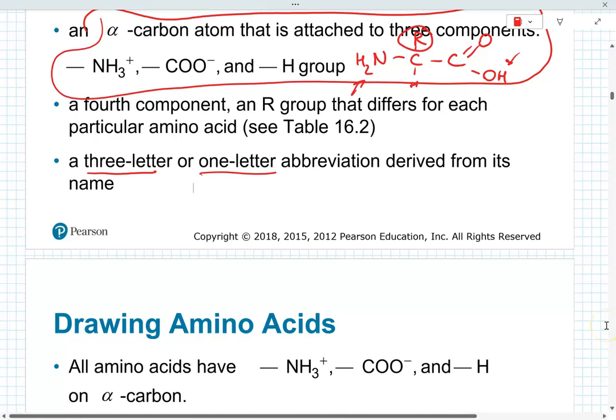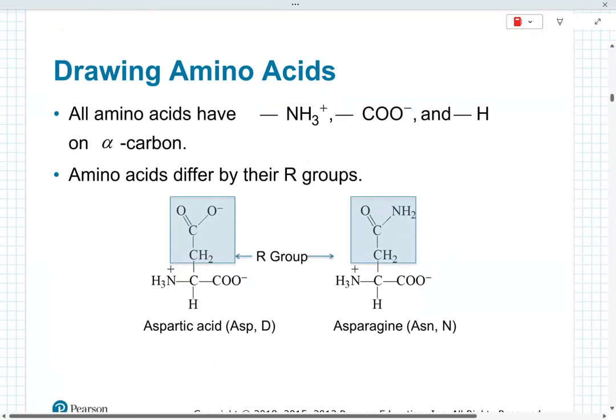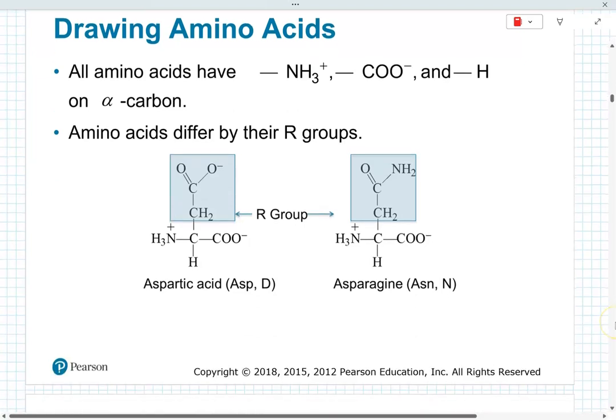Now, we're going to get to abbreviations right now, but so here's the thing. Traditionally, when we draw an amino acid, it is a convention that chemists accepted.